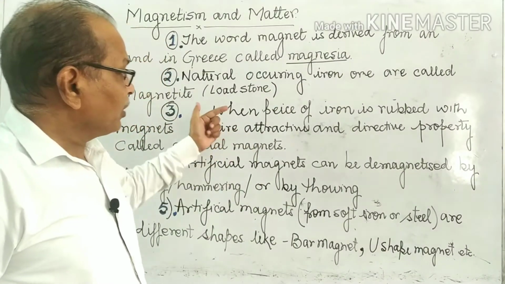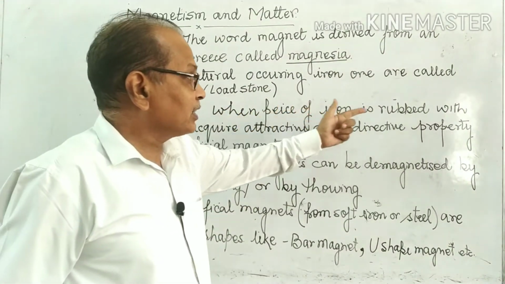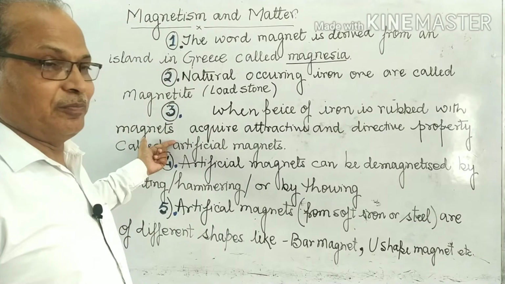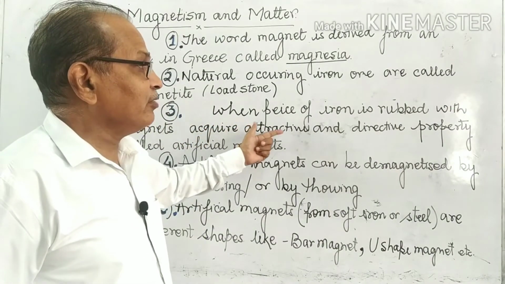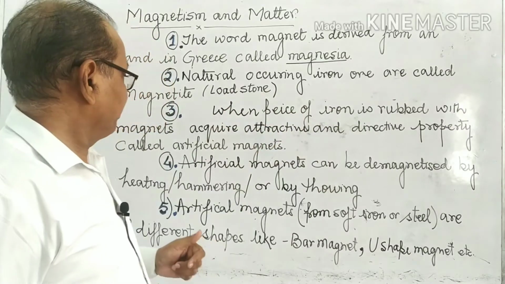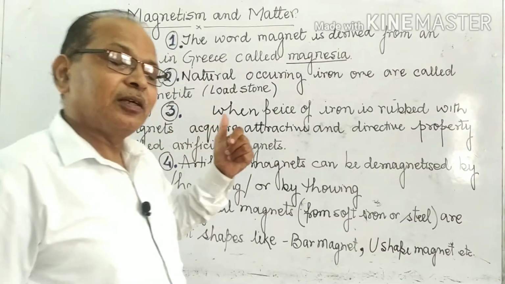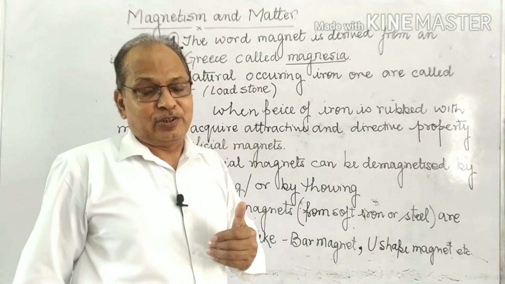Next property: when a piece of iron is rubbed with a magnet, it acquires attractive and directive property, and this is called an artificial magnet.